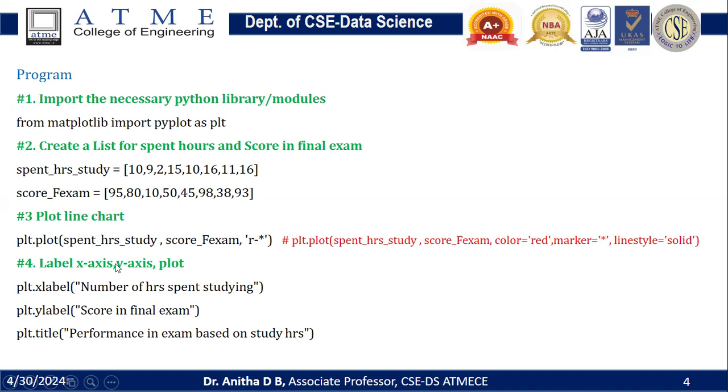So this is the program, and the program is mainly divided into four parts. The first one is import the necessary library. Second point is based on the given input, create a list. Then the third part is plot a line chart, and the fourth part is label x-axis, y-axis, and the plot.